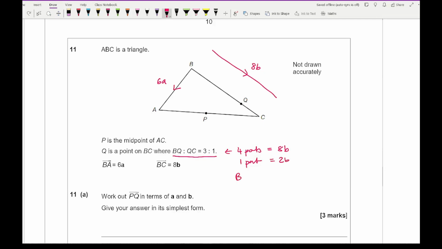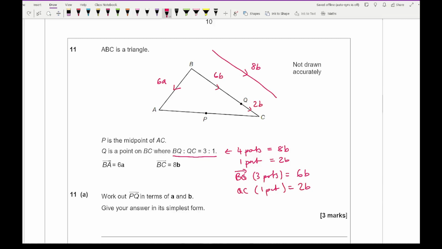Now B to Q is 3 parts, so that's going to be 6B, and Q to C is 1 part, so that's going to be 2B. So then labeling this up, we get 6B and that is 2B.